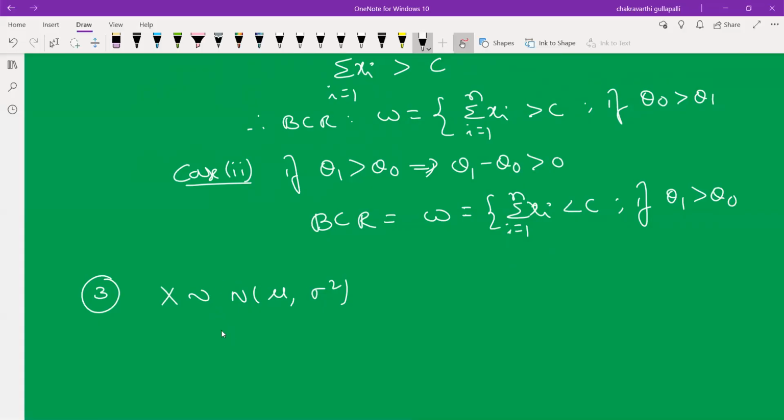Now here apply the NP lemma. We have to find the BCR of this normal distribution. So H naught: theta is equal to theta naught, versus H1: theta is equal to theta 1.